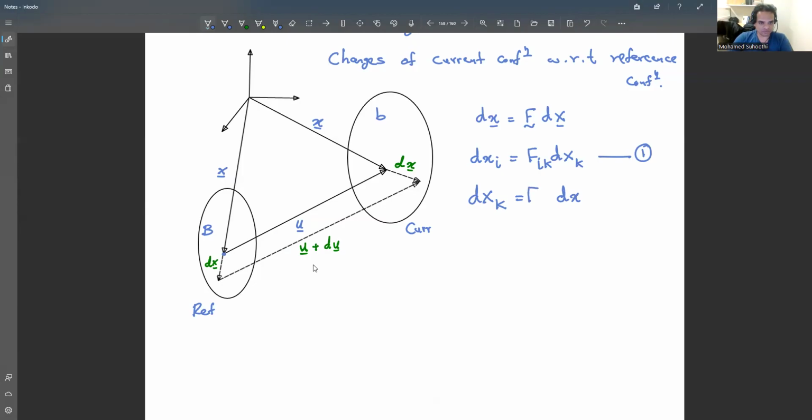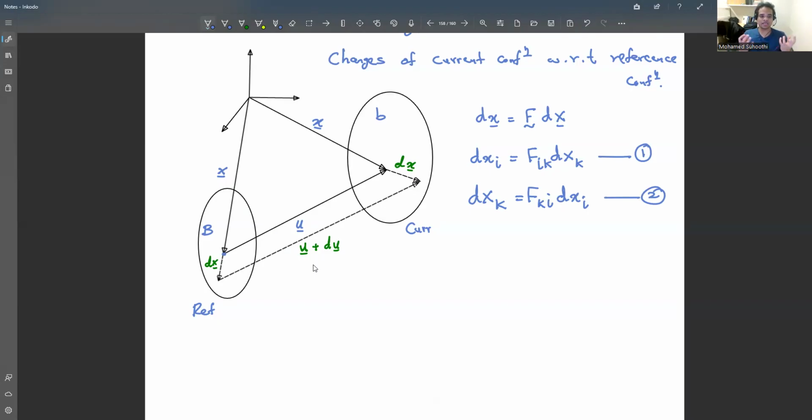I will put F here. Here the repeated index is similar to the previous case. I will write small i here, and the same free index on this side, capital K here, right? So this is your equation number 2.